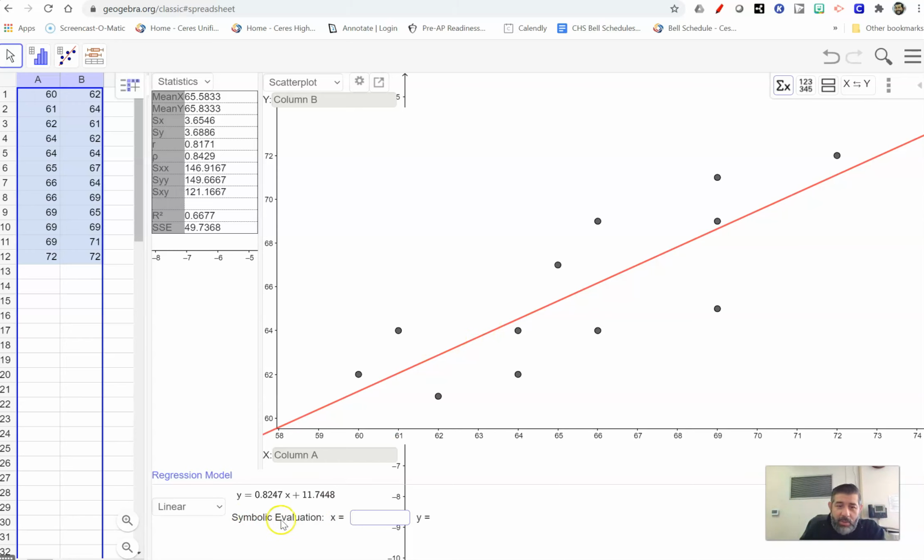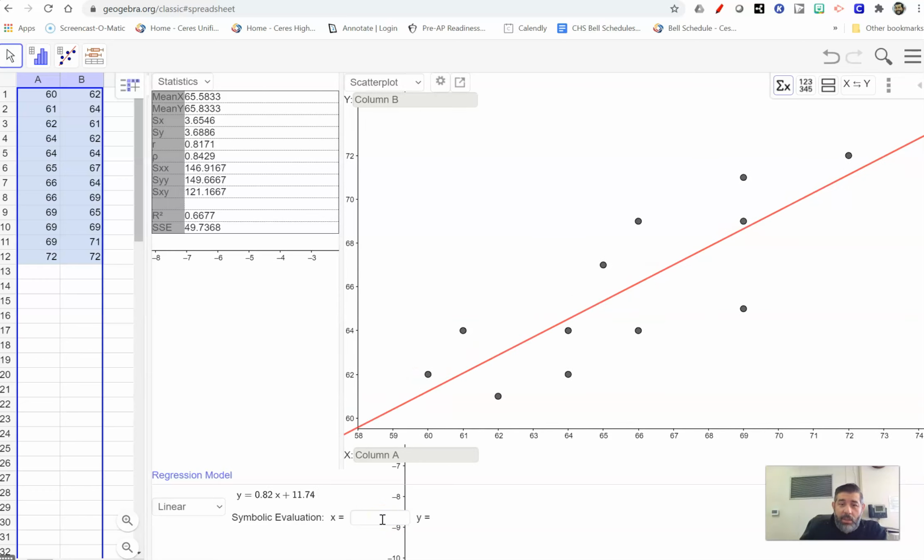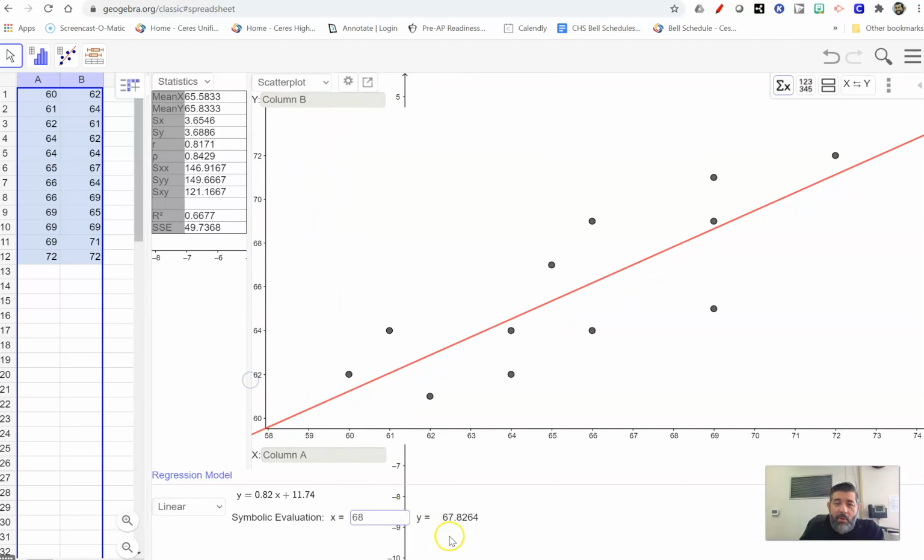Put in x. So I say x is 68. Geogebra says, do it again because I didn't know what you're talking about. So 68. And then you say to him, I predict that your wingspan is approximately 67.8264 inches based on my mathematical model. And that's it. So that's how you do that.